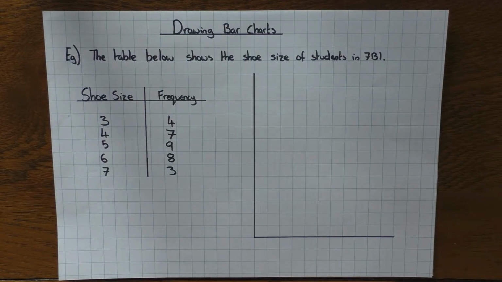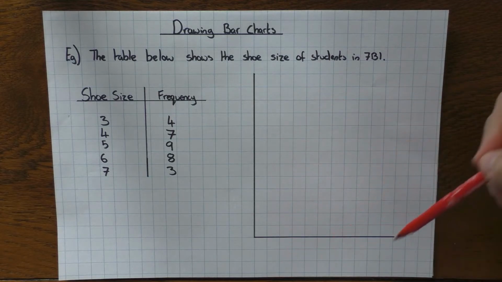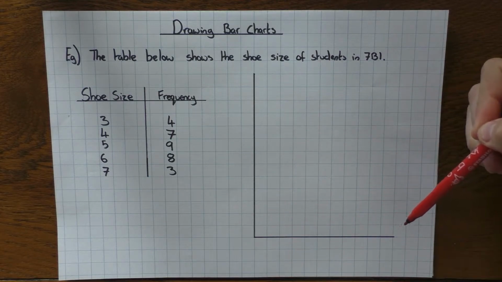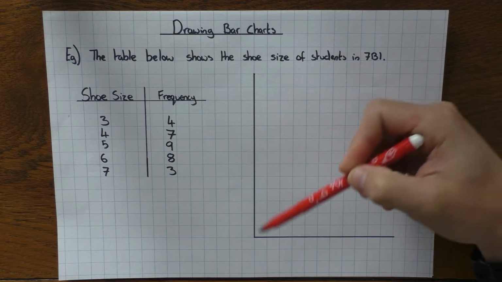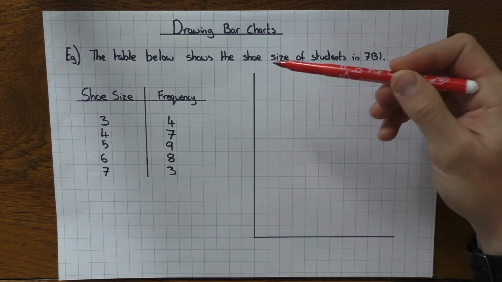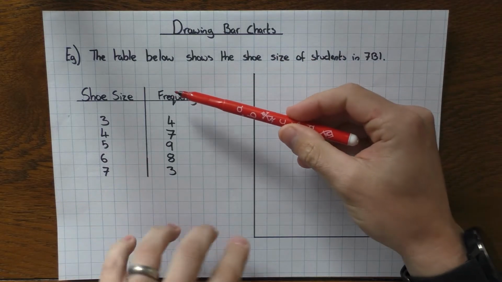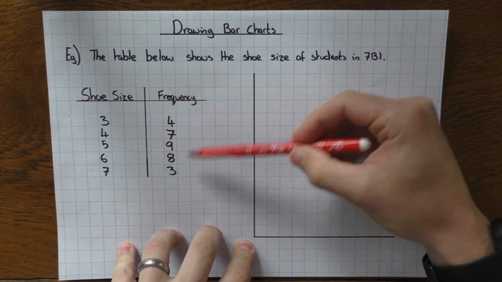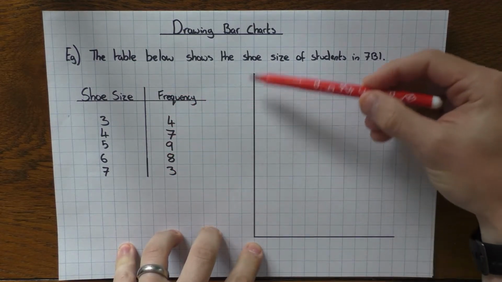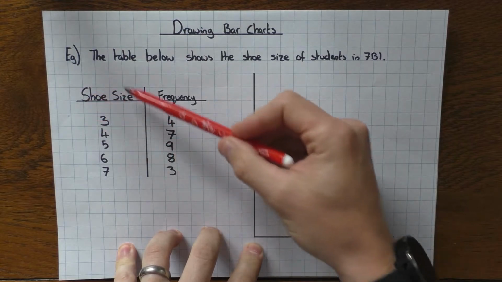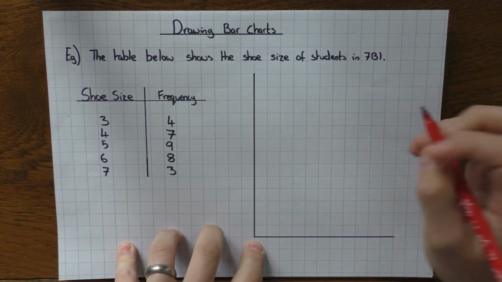So let's get cracking. The first thing you do is draw a set of axes. These might be given to you in the exam. If not, obviously just draw your X and your Y axes. Now the frequency, or how many you have to do, will always go on the Y-axis, and whatever you're looking at, in this case it's shoe size, will always go down the bottom.